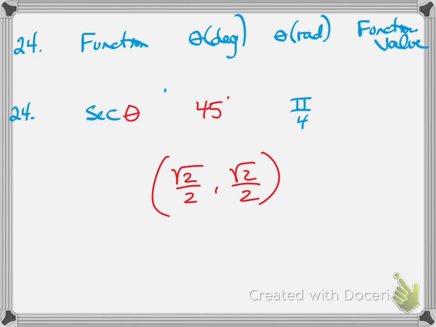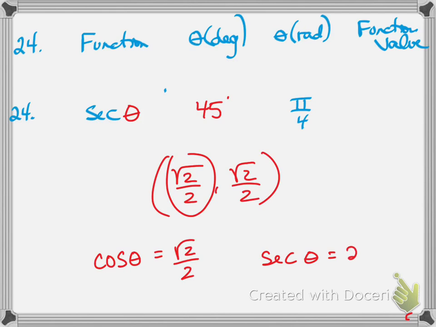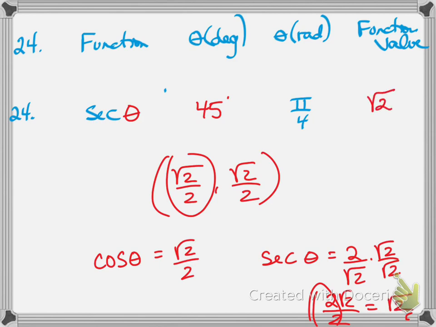Well, secant's not immediately obvious on the unit circle, but cosine is, and they are reciprocals. So this is the cosine of theta. And secant of theta would just be the reciprocal. We're just going to flip it. We ended up with the square root in the denominator, so we need to rationalize. So it is 2 square root of 2 over 2, and 2 over 2 goes away for just a 1. So the function value for theta is square root of 2.